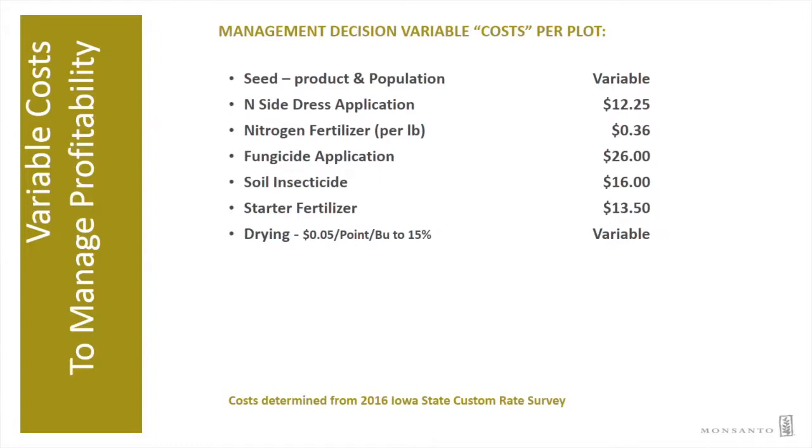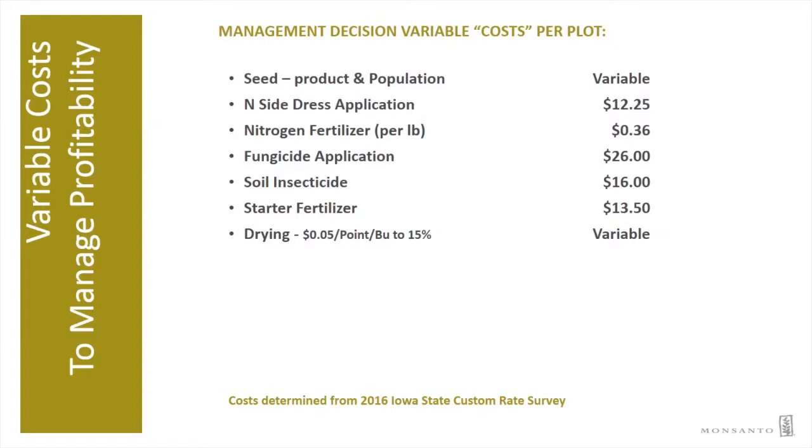Obviously, if you choose a side dress application, we're going to charge you another $12.25 to run that applicator across the plot. Nitrogen is going to be right around 36 cents per pound of nitrogen.